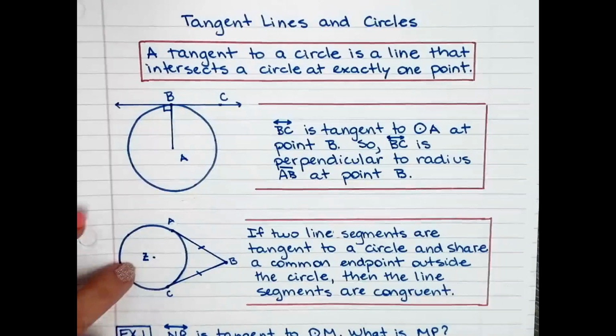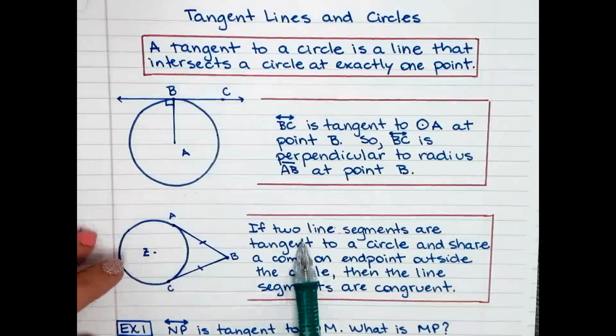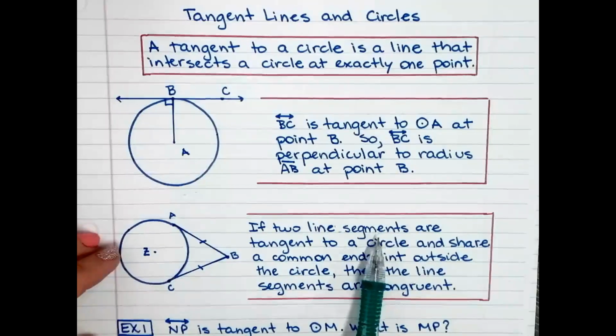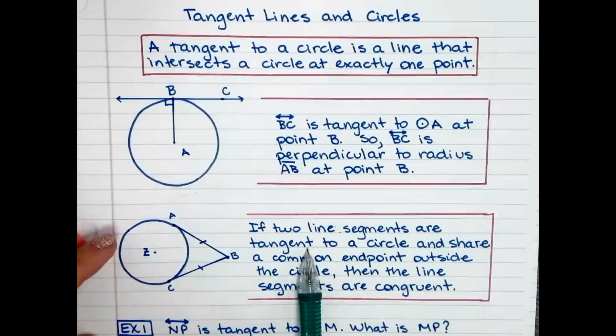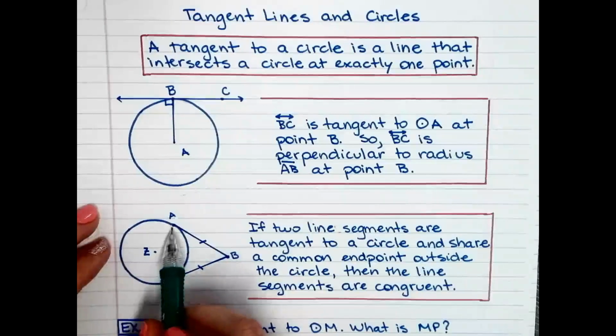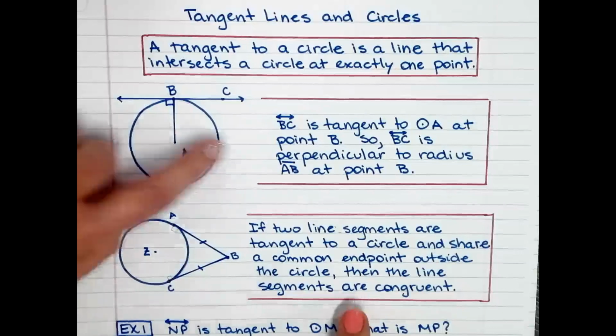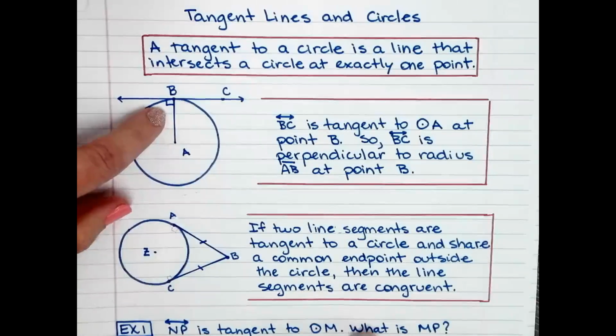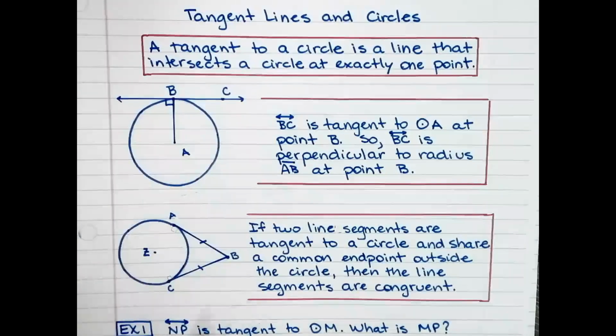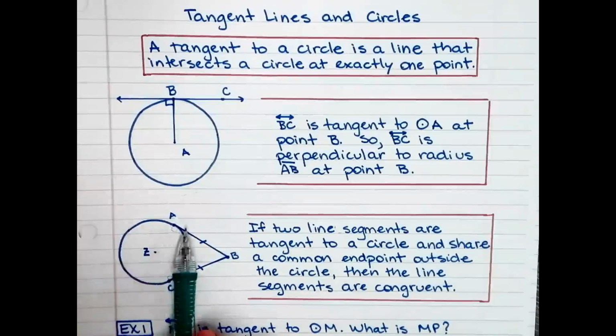The other thing we need to know is about two line segments that are tangent. Remember that this is 90 degrees, and this is 90 degrees, because a tangent intersects the circle at a 90-degree angle.